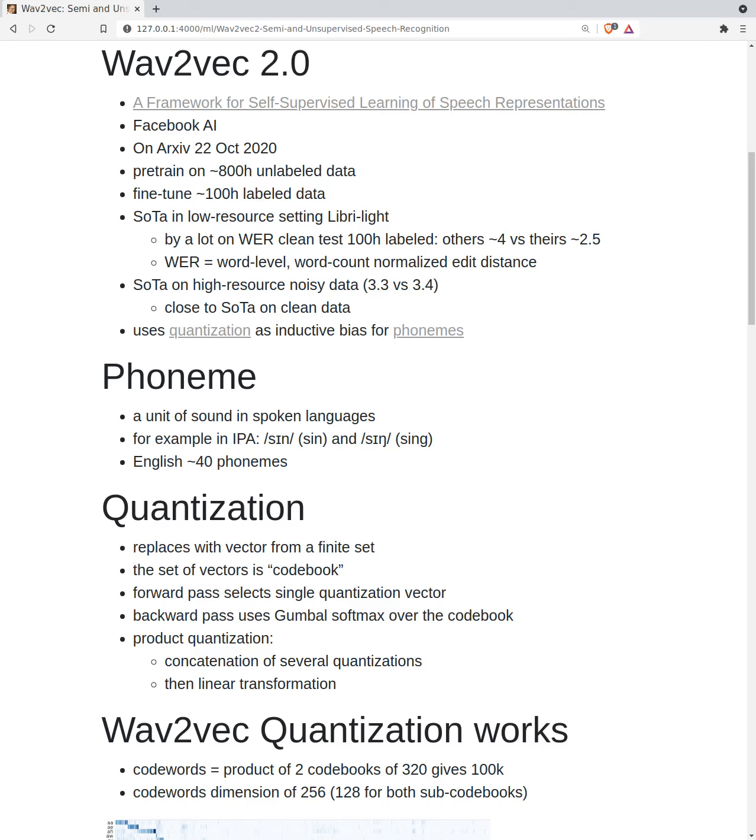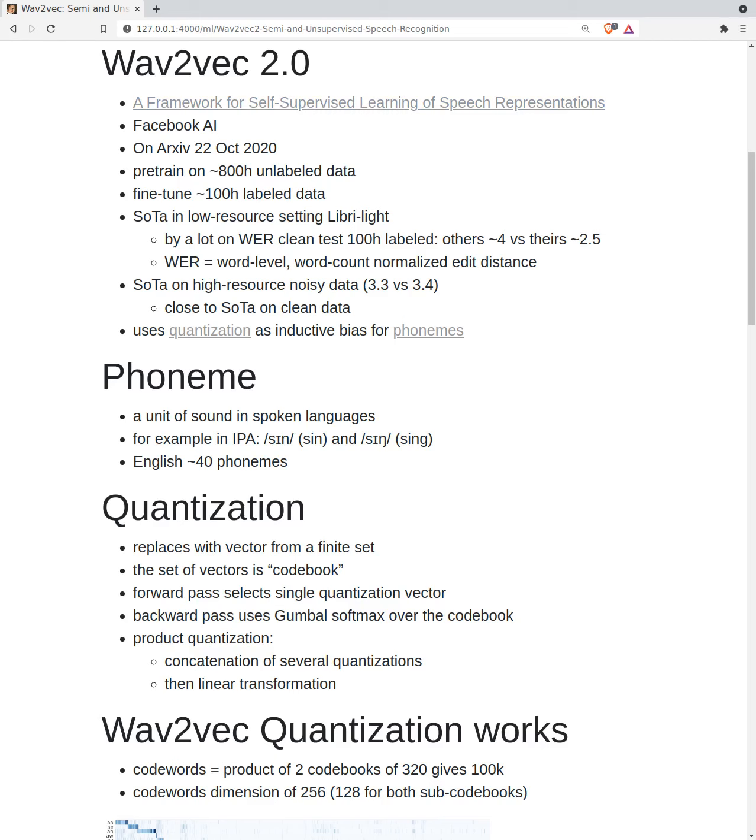By the way, the word error rate is actually word-level, word-count normalized edit distance. So if you know what the edit distance is, that's easy. Edit distance is just how many edits do I need to do to change from this to that. So this one is on the word level, how many words I need to change, insert, delete, swap, and I also normalize.